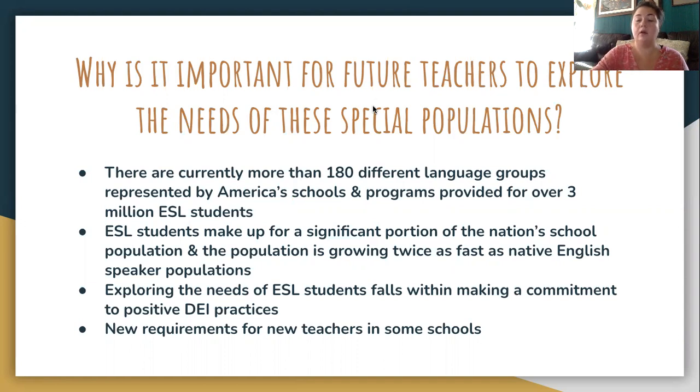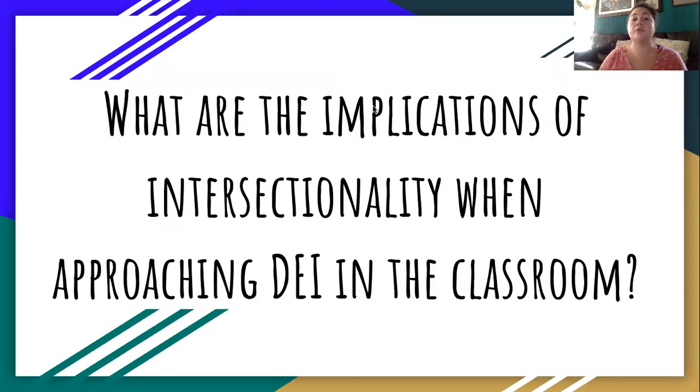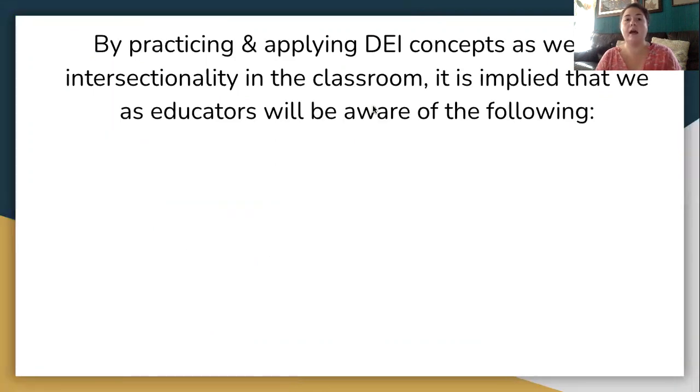students. We're going to quickly jump into what the implications of intersectionality are when approaching DEI in the classroom. To me, I think that as educators, we should be aware of the following things when we practice and apply DEI concepts in the classroom.